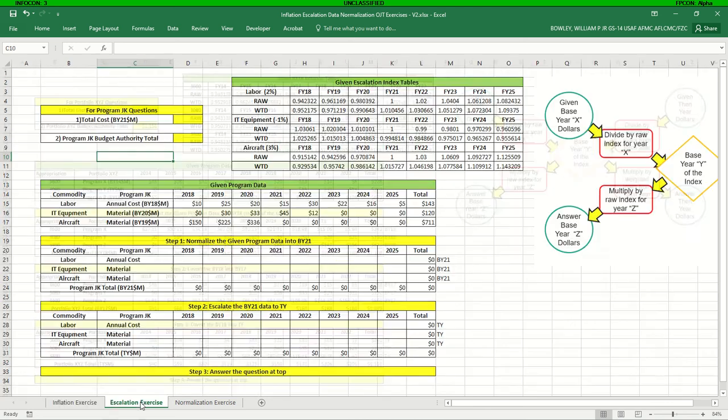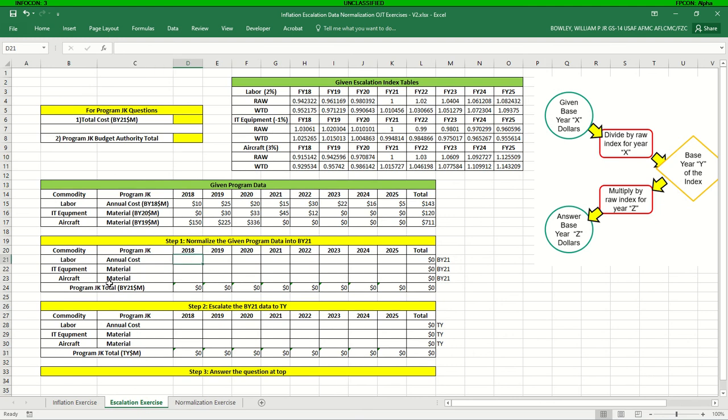Now we'll jump over to the escalation exercise. So here, again, for step 1, we're normalizing to the base year of the index table, base year 21. We've got annual cost for labor. So let's see, we're going from base year 18 to base year 21.